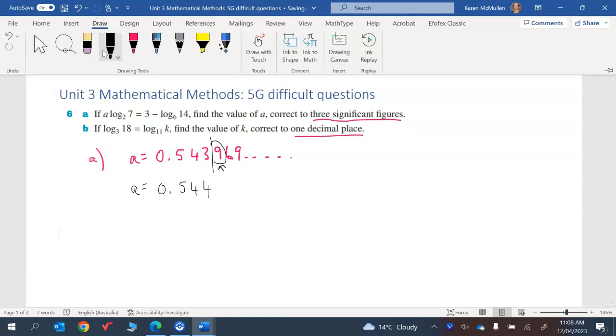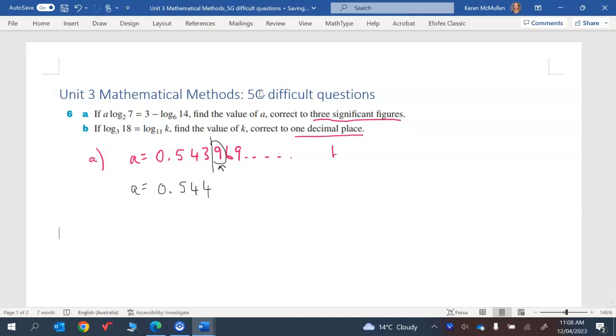All right, so with question B, we're rounding to 1 decimal place. So for B, we're solving for K, and I've done this before on my calculator, so I just don't know this off the top of my head. You don't need to do heaps of decimal places. It just depends on what you're rounding to.